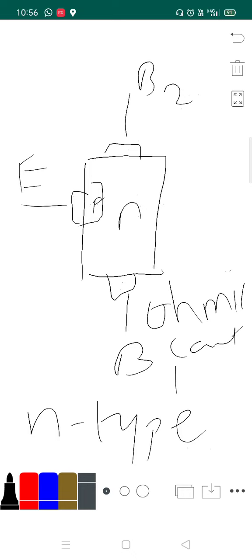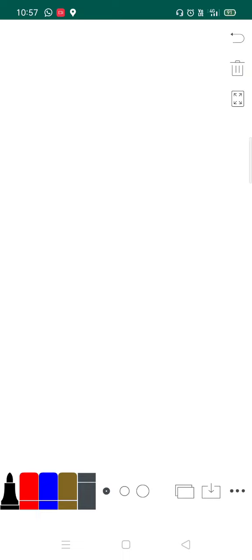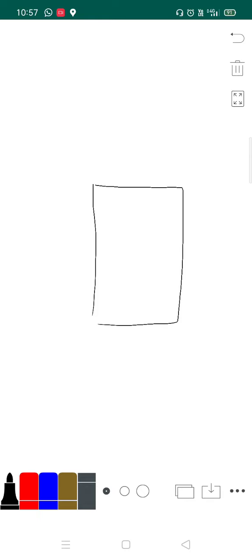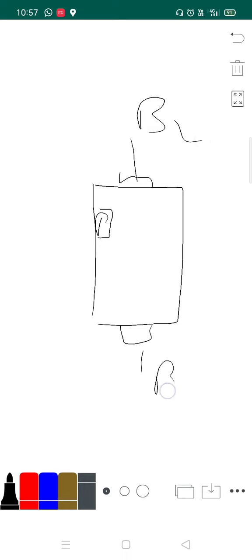We can call this transistor a double base diode. Why do we call it a double base diode? Because of the two bases, B1 and B2. In the symbol, the emitter is the P-type material, which is close to base 2 rather than base 1.